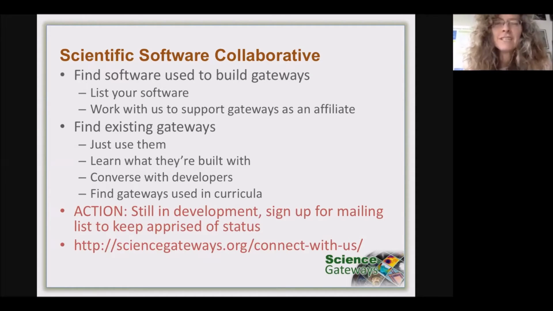You can't really just Google for them very well. A lot of people find them by word of mouth or publications, or sometimes kind of by accident. And so we think that there's a large service that we can provide for the wider gateway community by simply raising the visibility of things that are out there and that work and that are publicly available. So we want to do that.